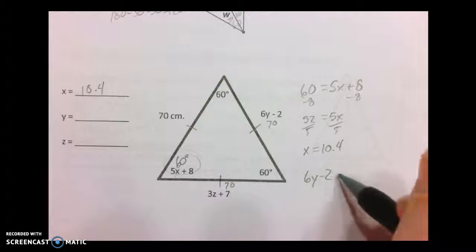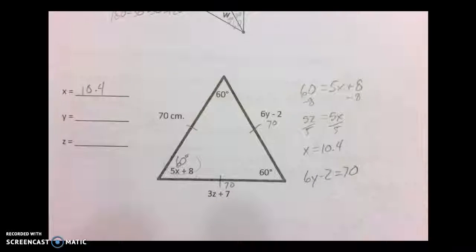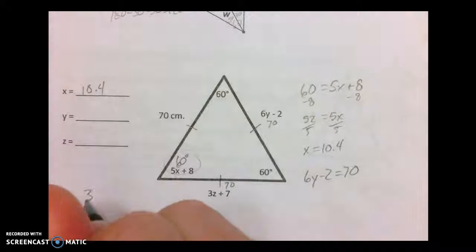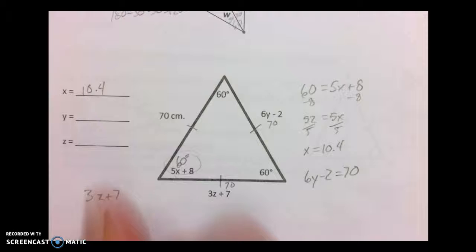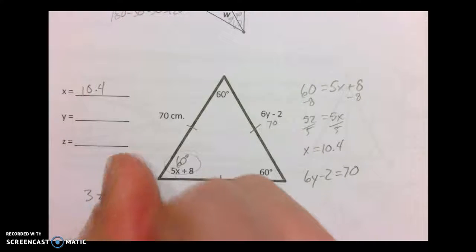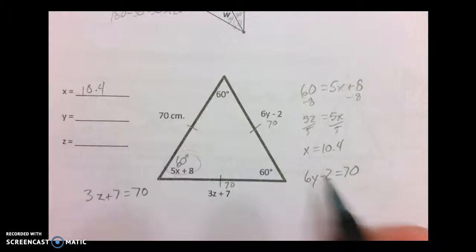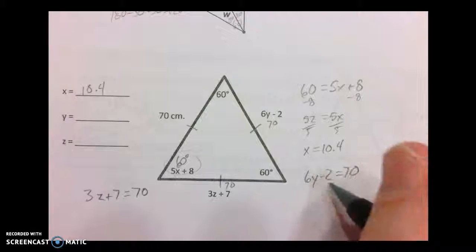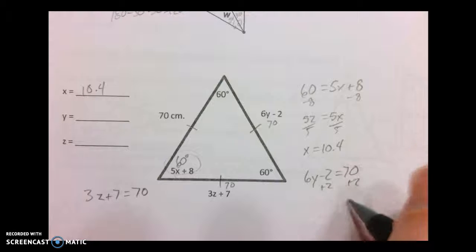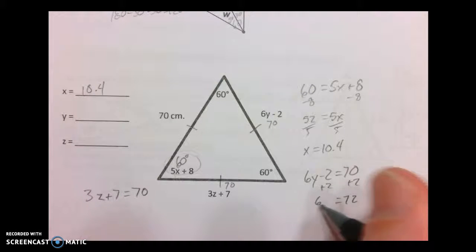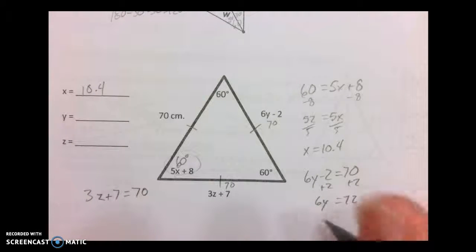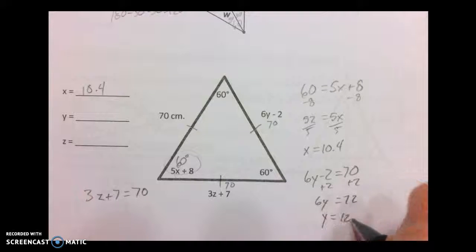6y minus 2 equals 70 will be my one equation, and then my other equation will be 3z plus 7 equals 70, because that's the length of this side. We'll do this one first, and we'll come back to z. So first we'll add 2 to both sides, and we get 6y equals 72, so y would equal 12.